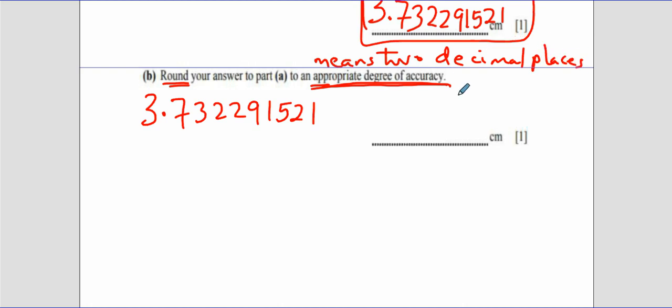Another one can use the concept of significant figures and make 3 significant figures, which is also appropriate.